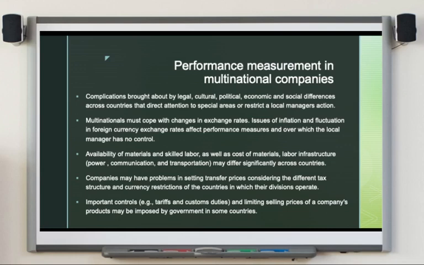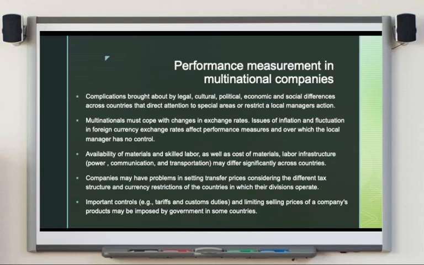If you are operating in a country where laborers are highly paid, then your production cost is expected to be higher as compared to a country with laborers who are paid less. So therefore, the performance is also affected.